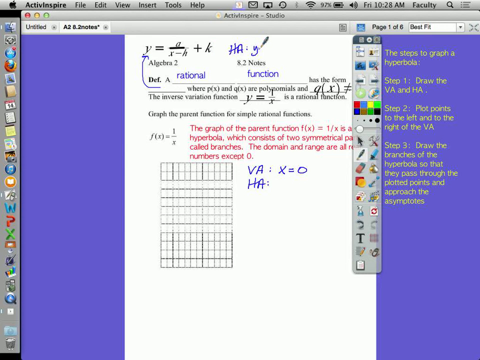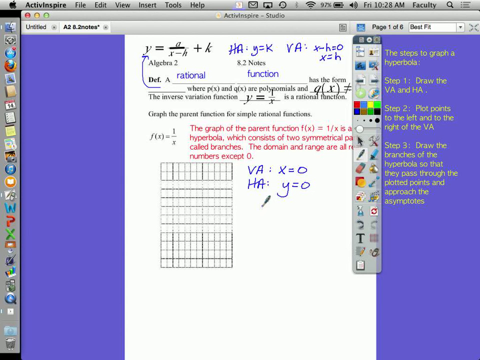The horizontal asymptote in general is y equals k. The vertical asymptote will be where x minus h equals 0, or x equals h. So in this one, there is no plus k, so the horizontal asymptote is y equals 0.